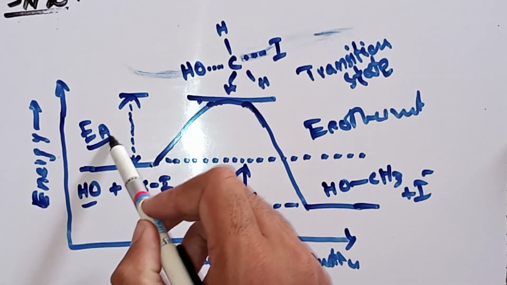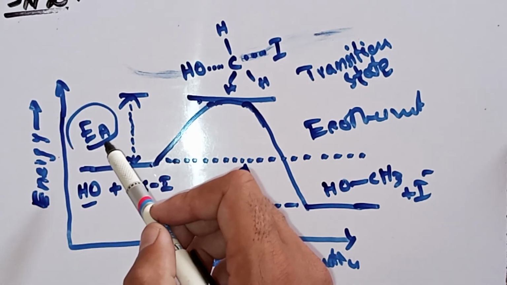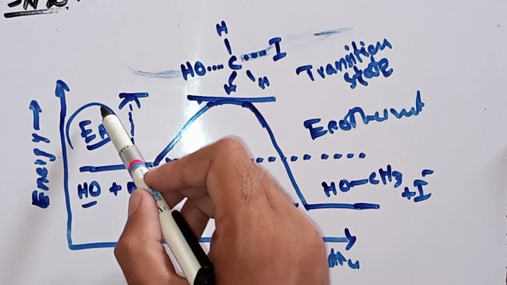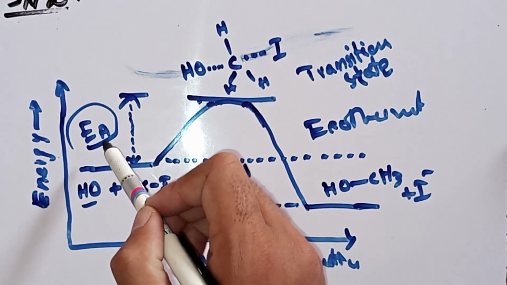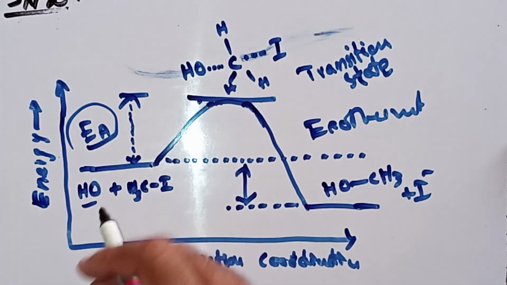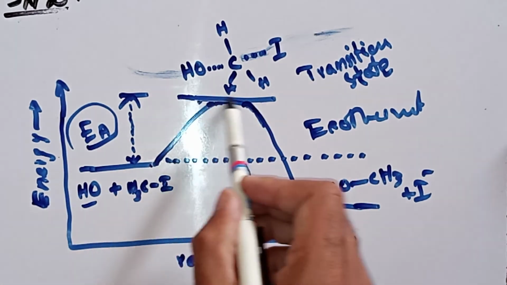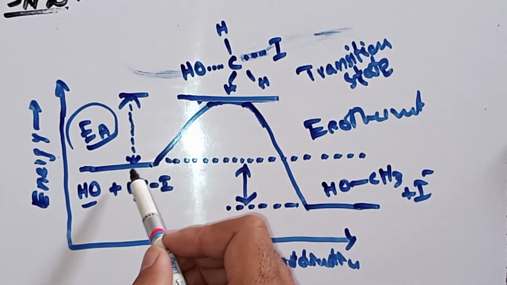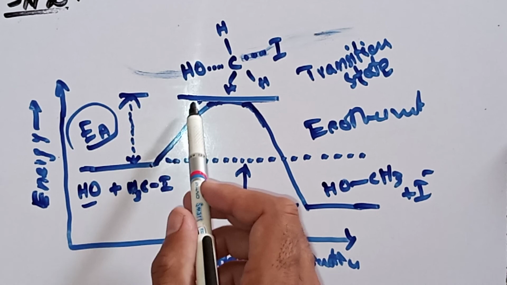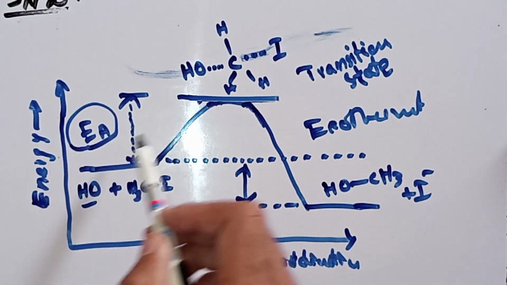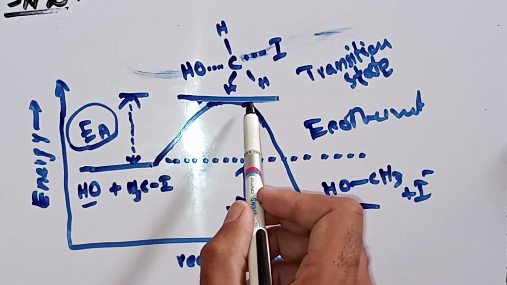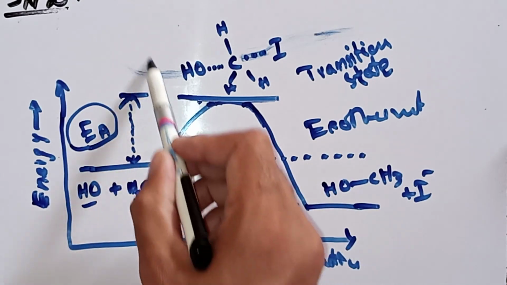Activation energy can be defined as the minimum energy that can initiate the reaction. The initiation position is the transition state. The energy from the initial state to the transition state is the activation energy, or you can say the transition state position is the energy barrier.